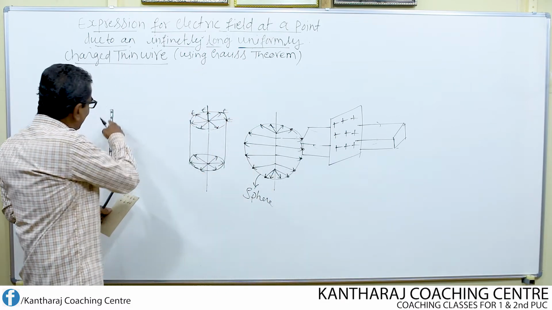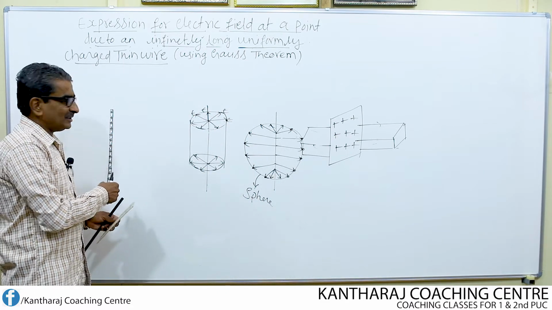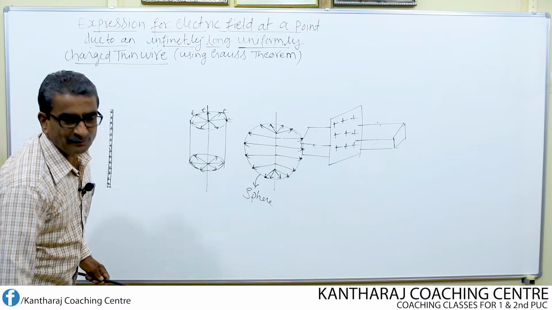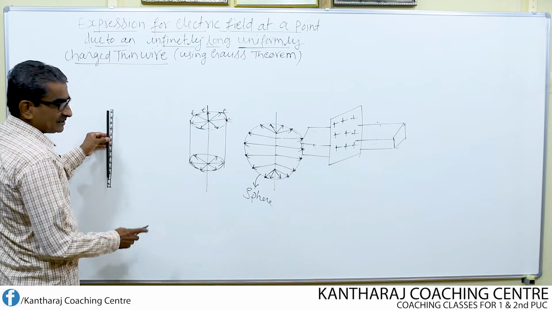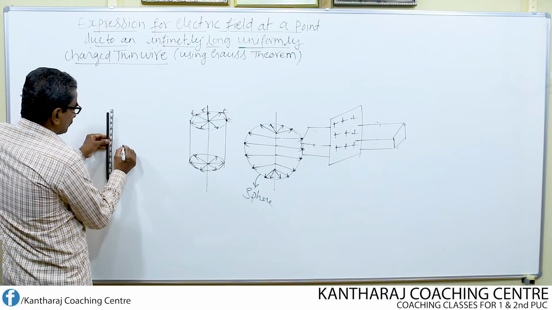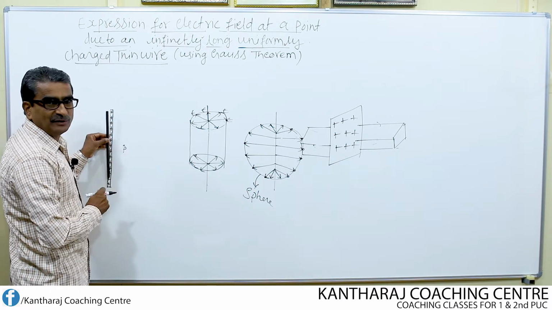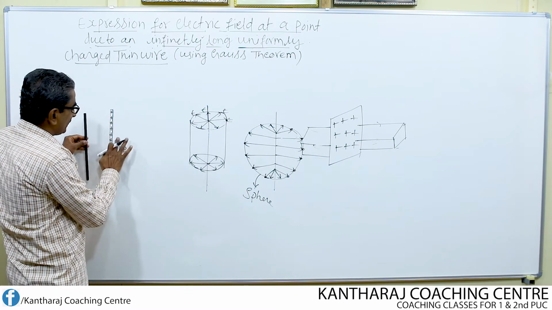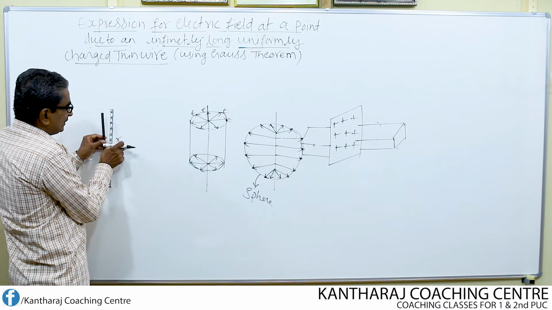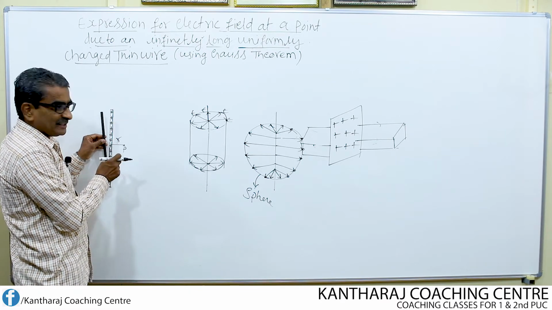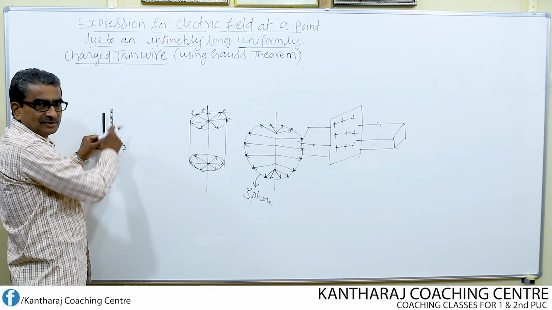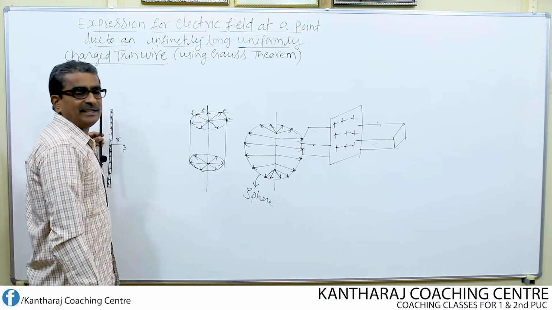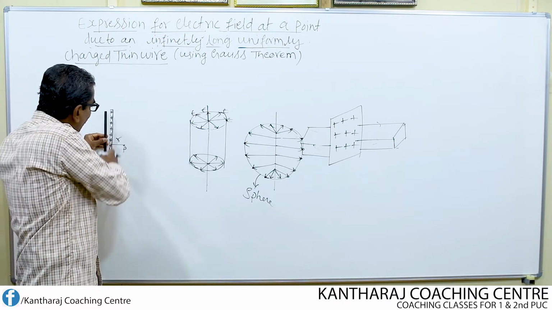Now coming to this wire, infinitely long. What is meant by this? Suppose I consider a conductor, and I choose a point P at which the electric field is to be determined. Now suppose r is the distance, and if this distance is very small compared to the length of this conductor, then we call this an infinitely long conductor.